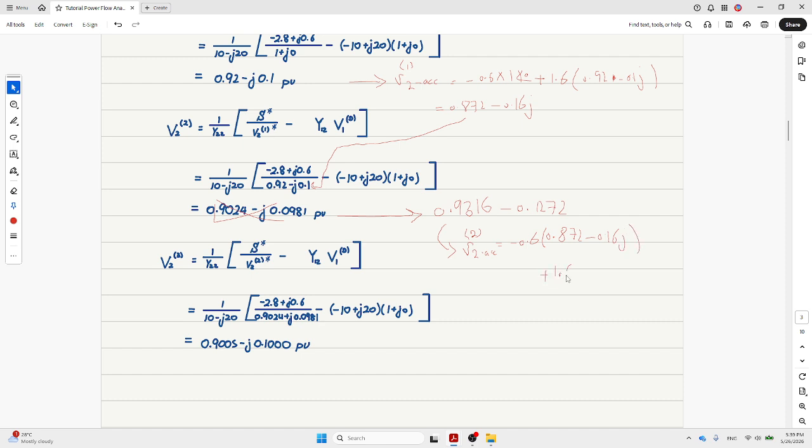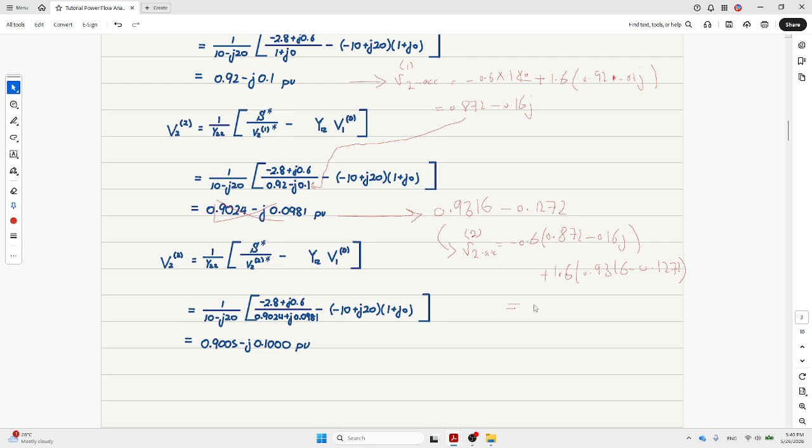Plus 1.6 times the new value, 0.9316 minus 0.1272j, correct? Yes.